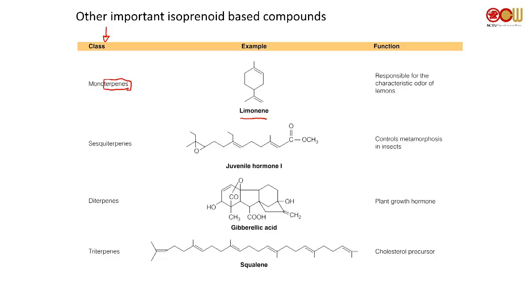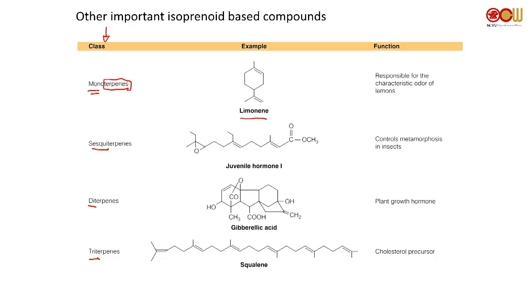Now, why do I want you to remember terpenes? Because if it's 10 carbons, it's called monoterpene. If it's 15 carbons, it's called sesquiterpene. If it's 20 carbons, then it's going to be called diterpene. 30 carbons, triterpene.